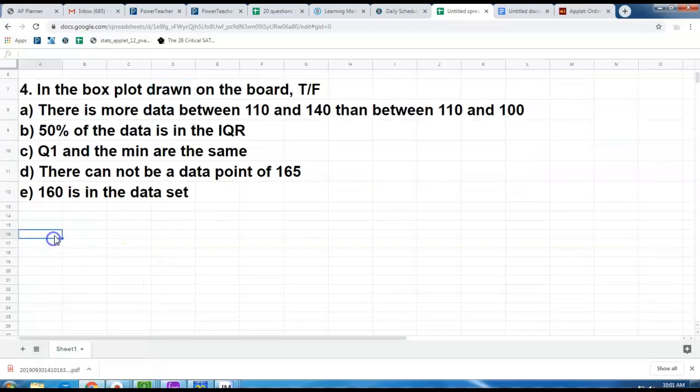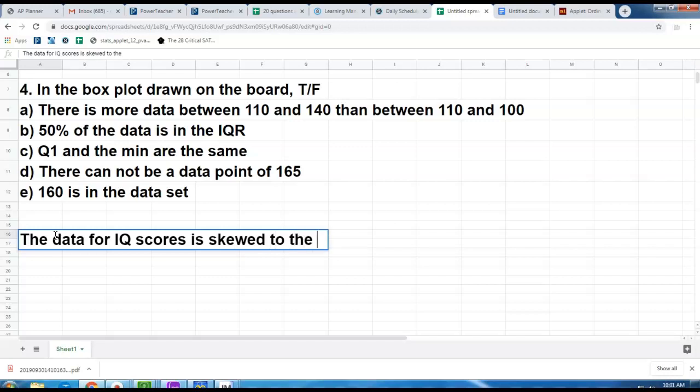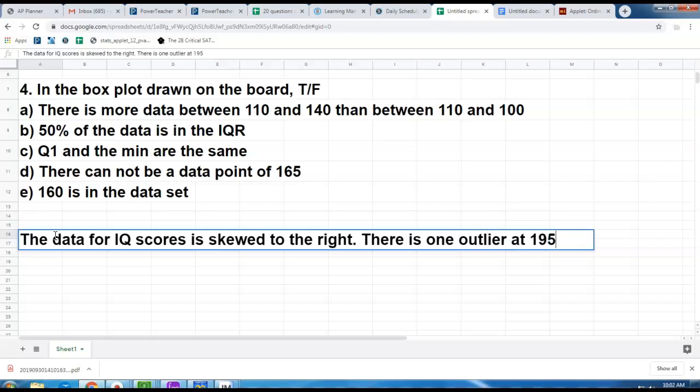So if I were writing this out, I would say the data for IQ scores, so what did I just do? I gave a context, is skewed to the right. So where that bigger spread is, where that tail is, where that pull is, that's the direction of the skew. The skew to the right. There is one outlier at 195.